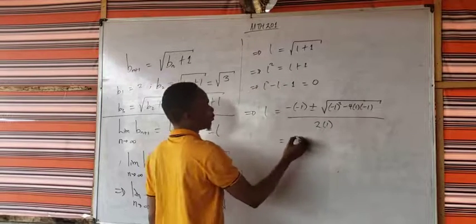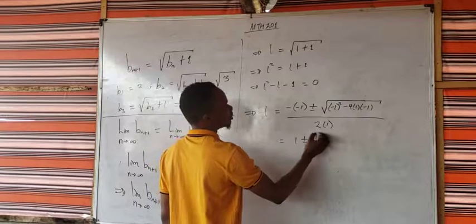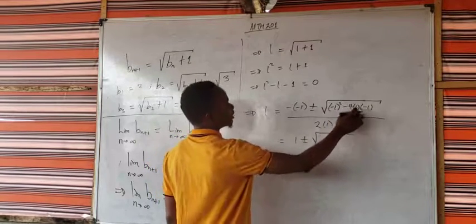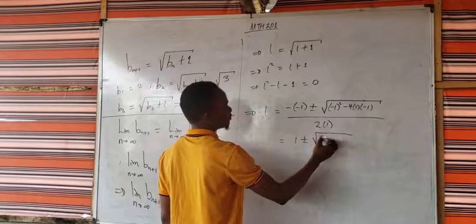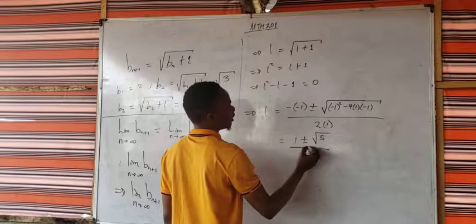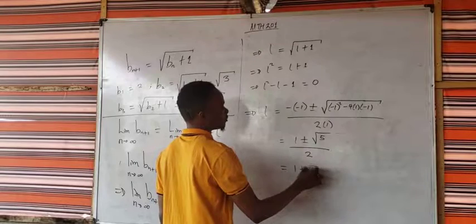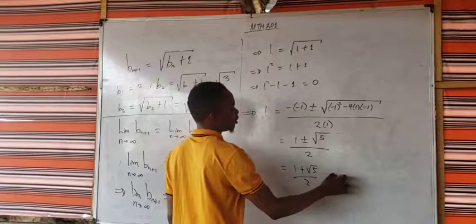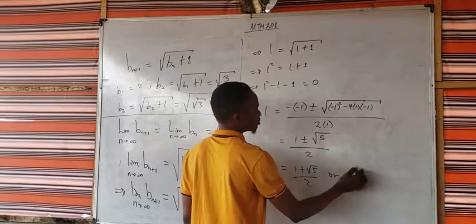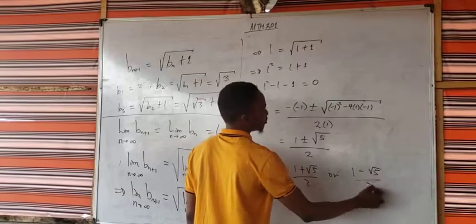That's going to be 1 plus or minus the square root of 1 plus 4, that's 5, then divided by 2. So that's going to be 1 plus root 5 all over 2, or 1 minus root 5 all over 2, right?